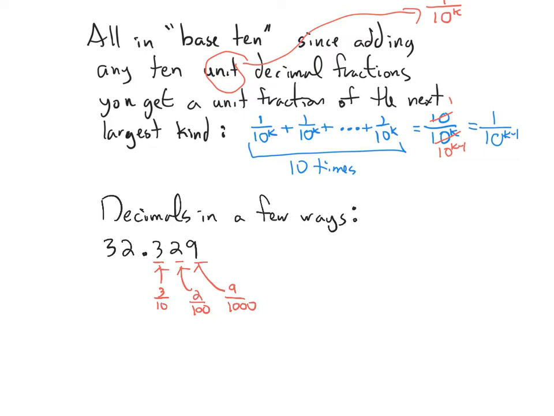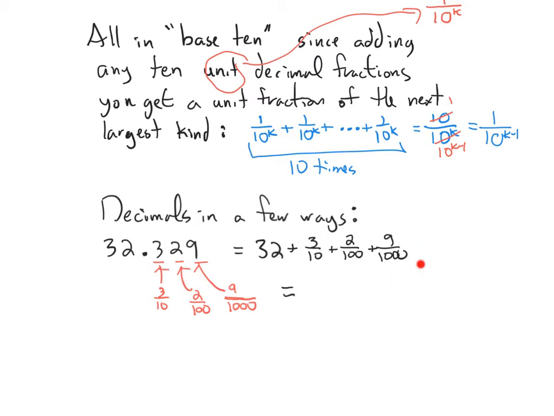The farther you go to the right, the more zeros are in your denominator. So we can write this as 32 plus 3/10 plus 2/100 plus 9 thousandths.